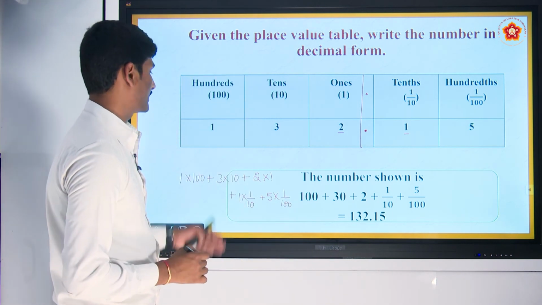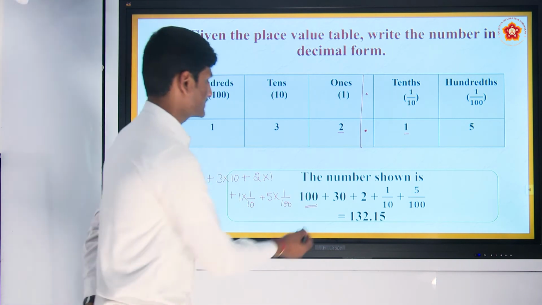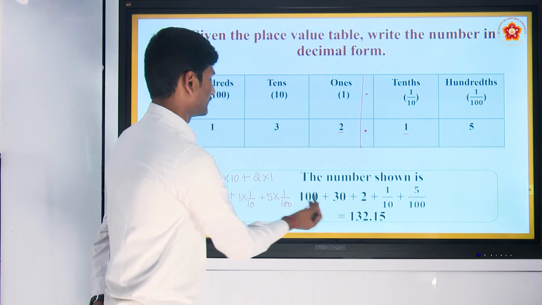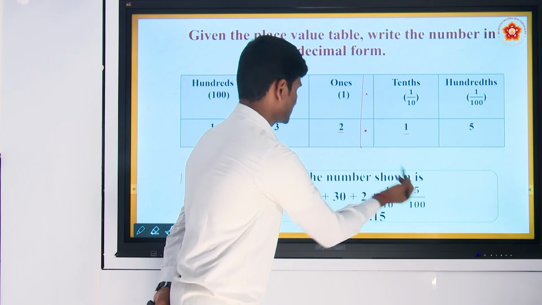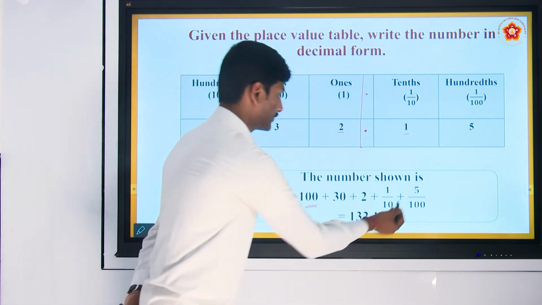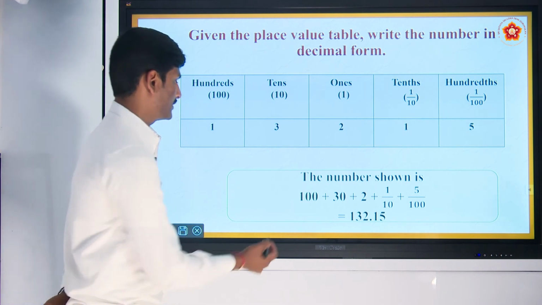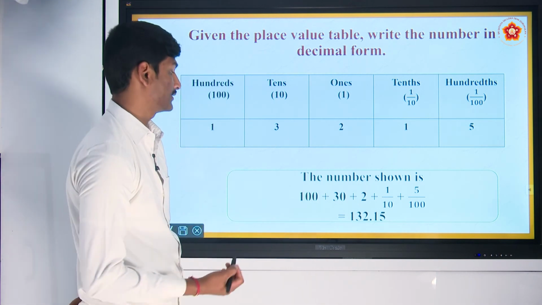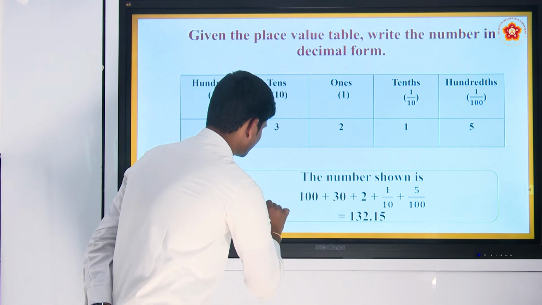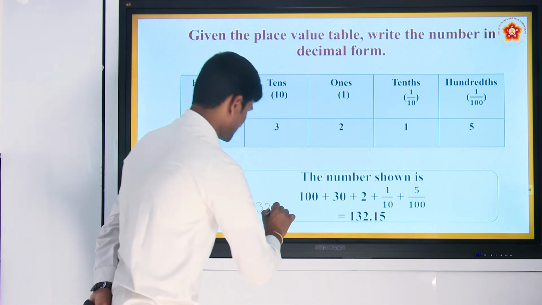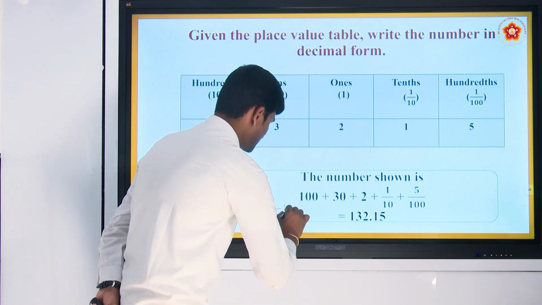Here 1 into 100 means 100. Then 3 into 10 means 30. And 2 into 1, 2. 1 into 1 by 10 means 1 by 10, plus 5 into 1 by 100 means 5 divided by 100. Then 100 plus 30, 130, 132. Here the whole number part is 132, plus 1 by 10 means in decimal 0.1.